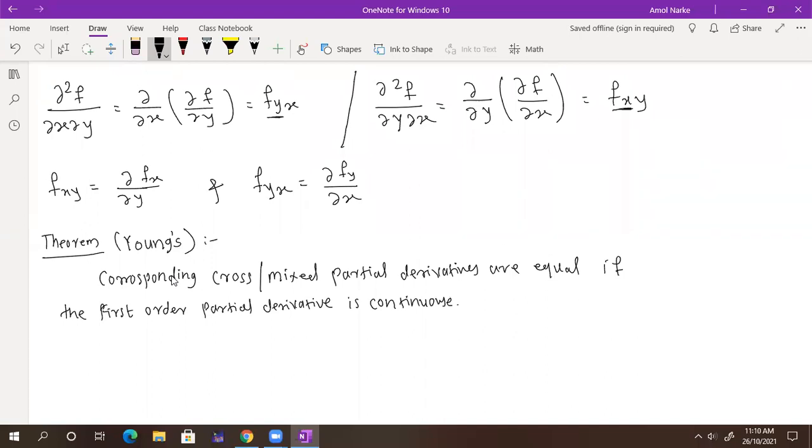Okay, so whenever you have mixed partial derivatives equal, under what condition? When its first order partial derivative is continuous. That time this happens.